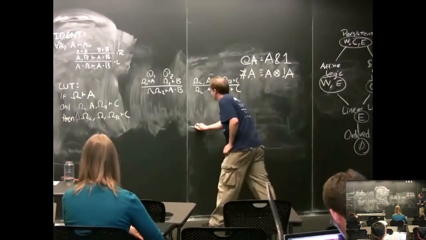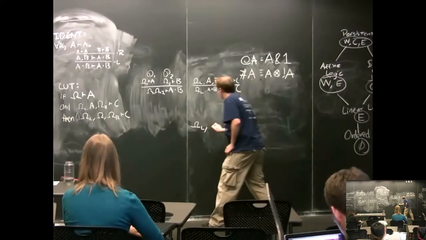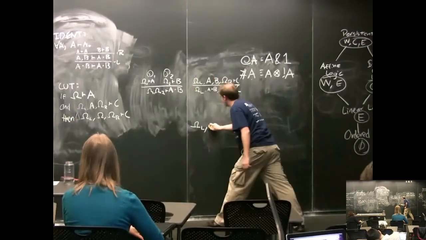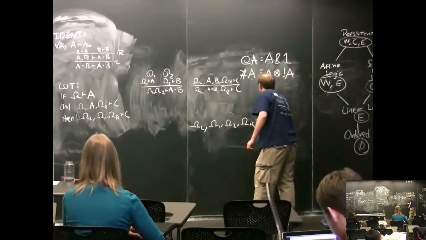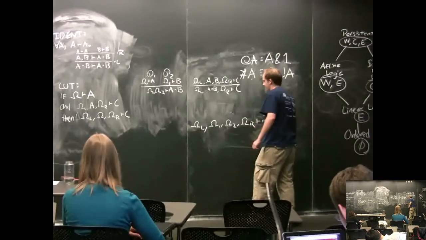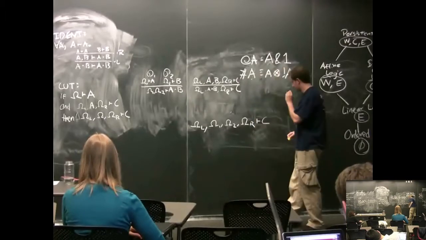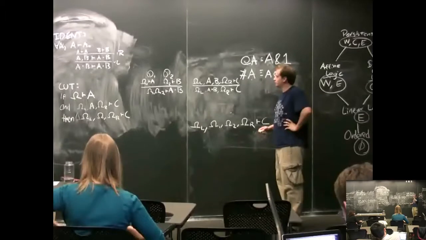And what I have to show is that omega left, this context, which is omega 1, omega 2, omega right, proves C. Is that right? So give me a smaller cut.